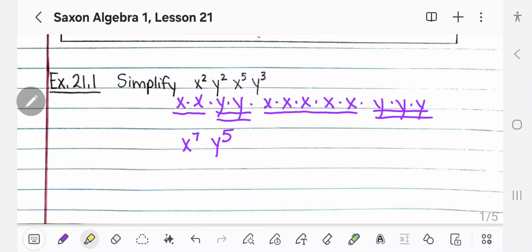Now, couldn't we have done it a lot faster? The base of x has 2 and then 5 more. So that's where I got the 7. And then the base of y has 2 and then 3 more. And that's where I got the 5. So your final answer would be x to the 7th, y to the 5th.